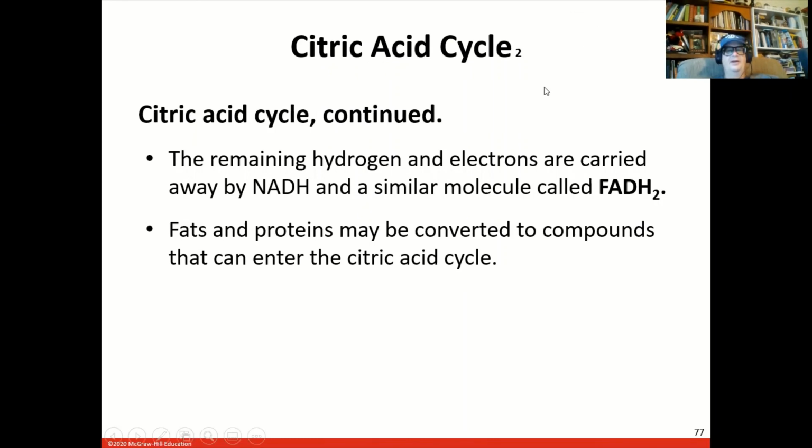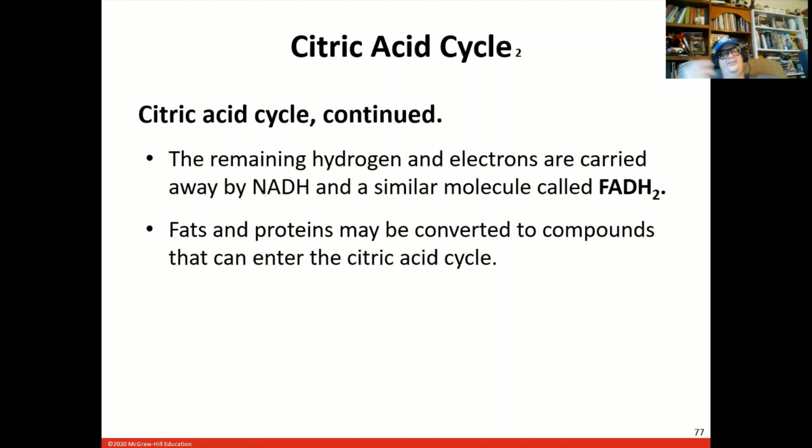All right. Says fats and proteins can be converted into compounds that can enter the citric acid cycle. Oh, let me say that the easy way. Your brain runs on sugar and nothing but sugar most of the time. But a lot of things in your body, even though sugar is the main thing, sugar is what we're talking about here, the breakdown of glucose, you can break down other substances and turn them into things that are partway through the cycle and get some of the energy out of them.